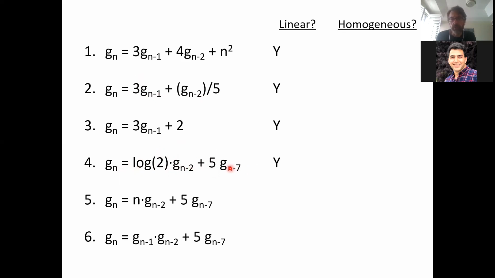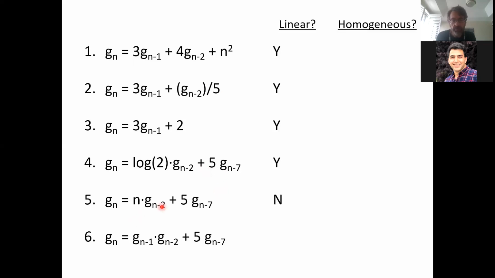If you insisted that the recurrence relation has to have all the previous elements in the sequence, so if you want to use 7 of them, it has to be Gn-1, Gn-2, Gn-3, Gn-4, Gn-5, Gn-6, and then this one. Well, it is a case of this, where the coefficients for all the terms that are not here are 0, right? So they are here, their coefficients are just zeros.